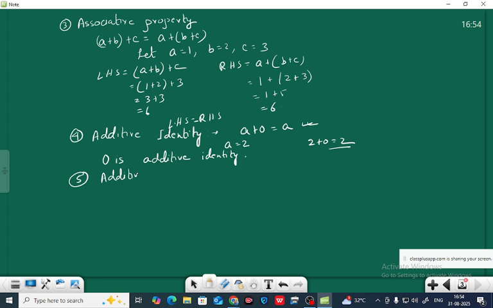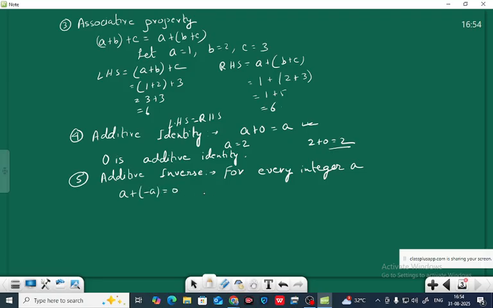Additive inverse. For every integer a, a plus minus a is equal to 0.